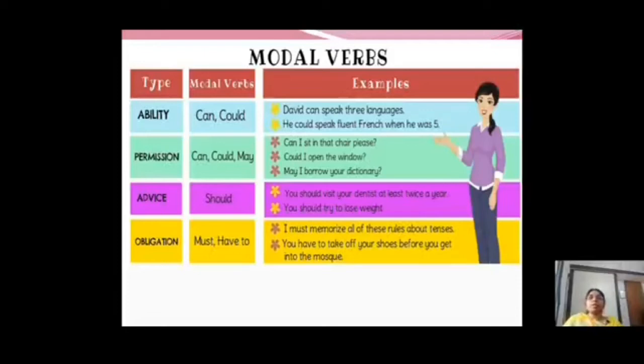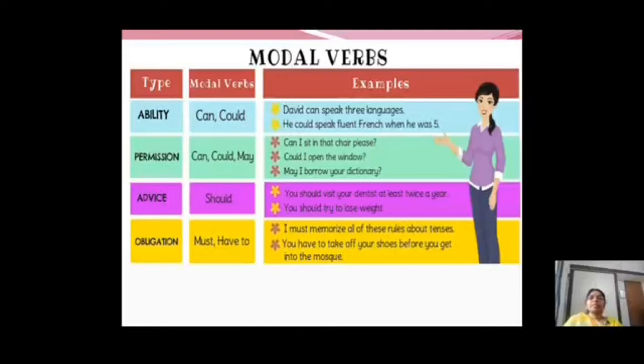I must memorize all these rules about tenses. You have to take off your shoes. See the word take off, O-F-F. Take off your shoes before you get into the mosque. So all these are used for obligation. Obligation in the sense, what is it? Guess, baby.